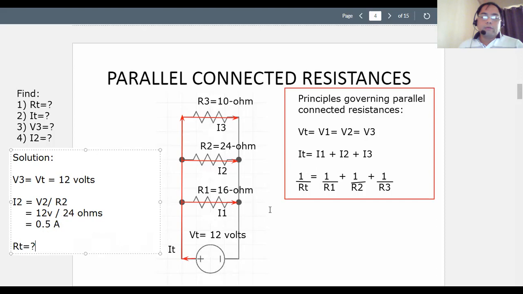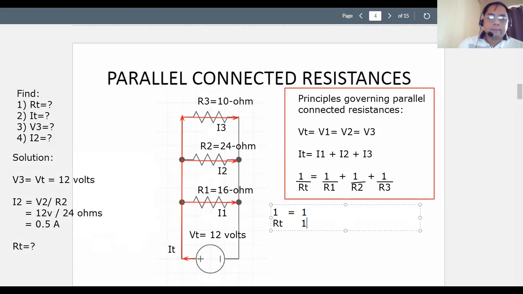Now let's solve it over this side. So 1 over R sub t will be equal to some values: 1 over 16, since our R1 is 16, added to the reciprocal of 24, which is 1 over 24, and then 1 over 10.